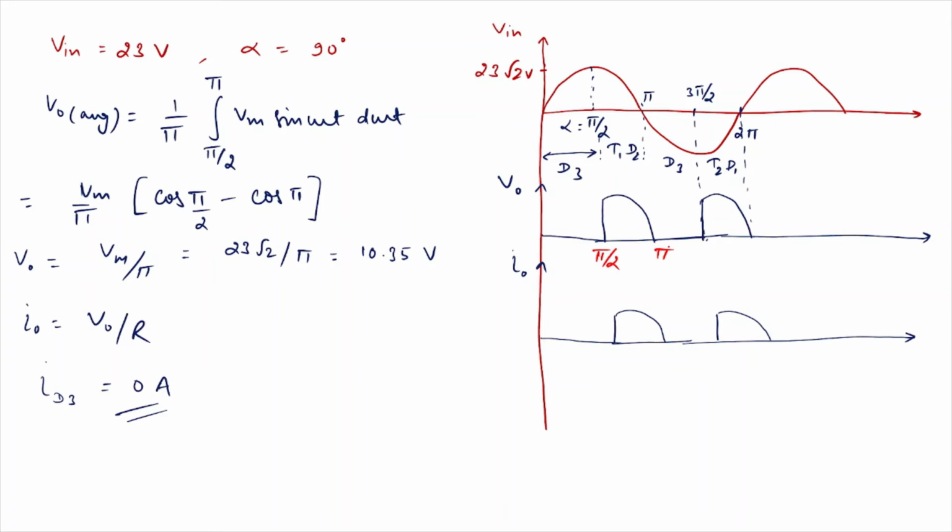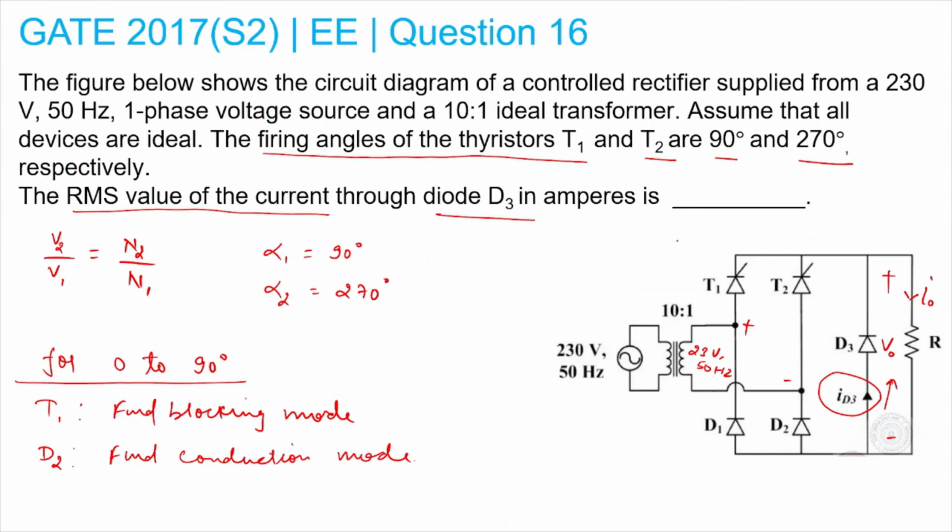At pi, T1 would conduct till 180 degree. After 180 degrees, since it is a resistive load, T1 has to be turned off.